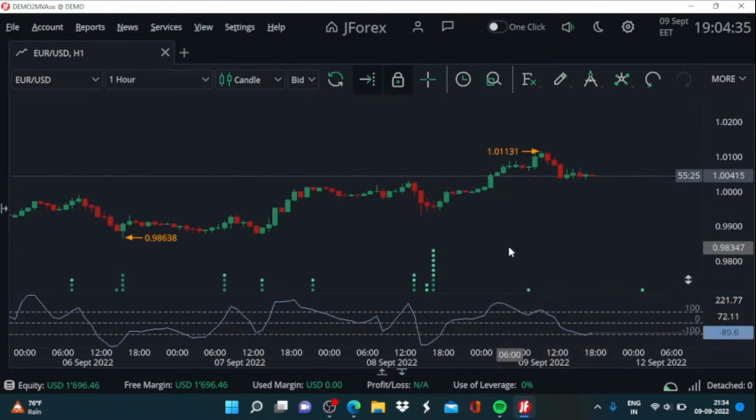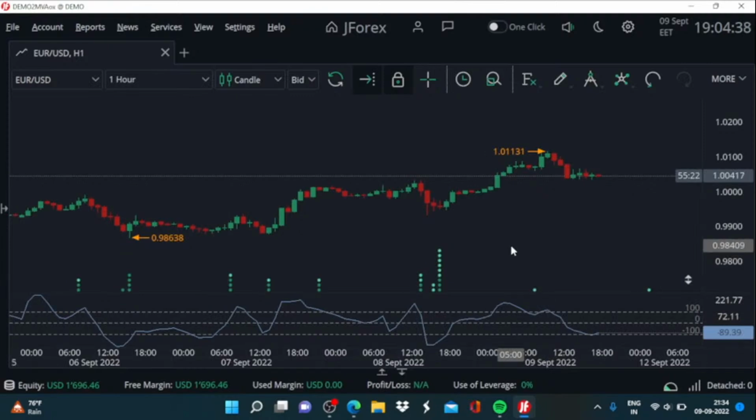Now coming to its properties, talking about its concept. The concept is fairly simple. It takes into consideration the typical price over the given time period of the calculation, and from that we subtract the moving average price of the same period, and then we divide that result by 0.15 into the mean deviation. So whatever is the deviation from the average price for that given calculation period, we take into account that as well, so that we get this ratio.